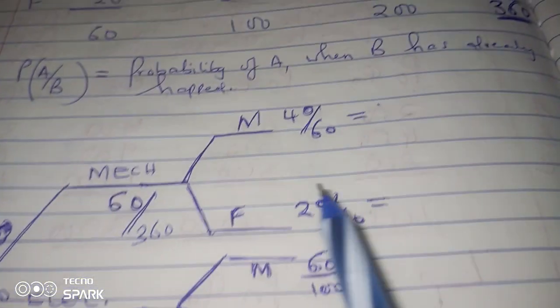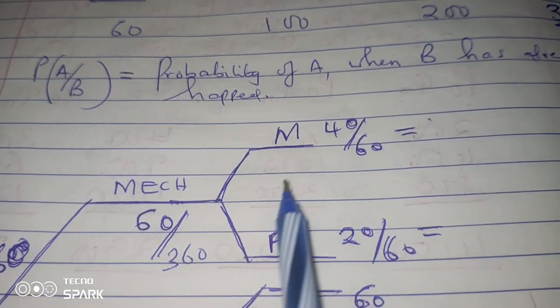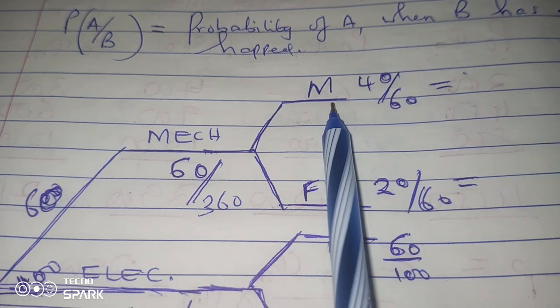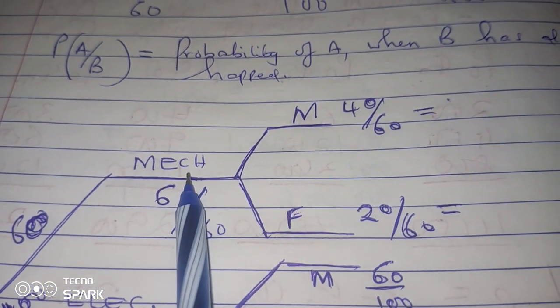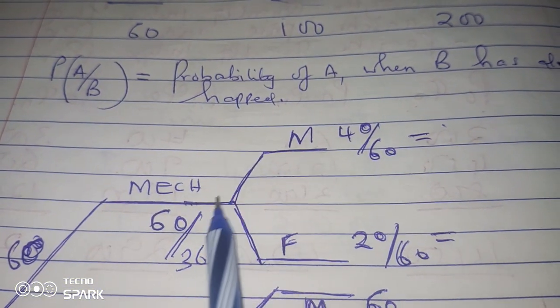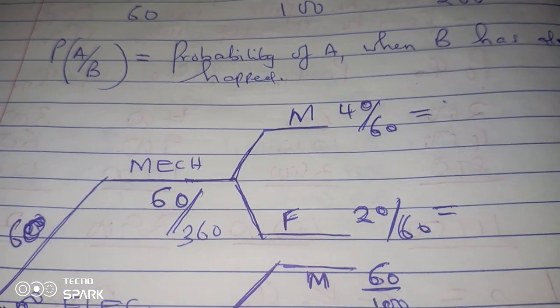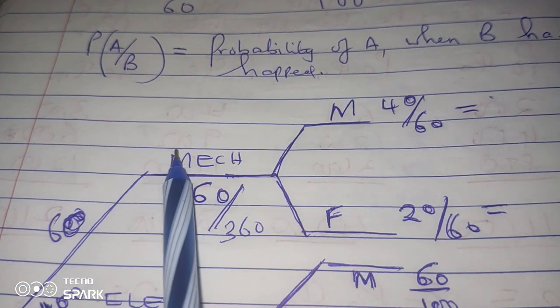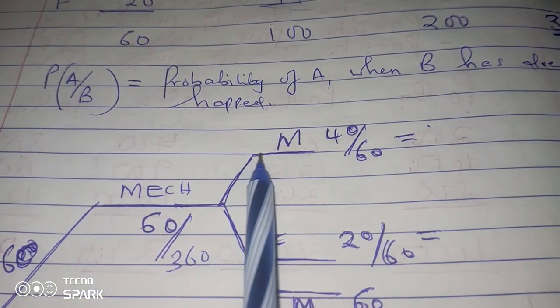Now, combining our probabilities, if a person asks us what is the probability of picking a male from the mechanical department, then we need to follow this route. We follow the route from the source, to the mechanical department, then it splits to the male.